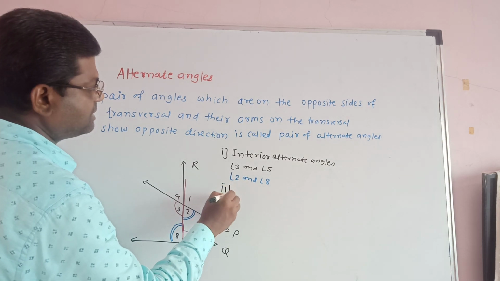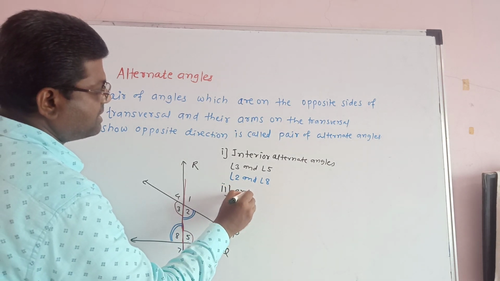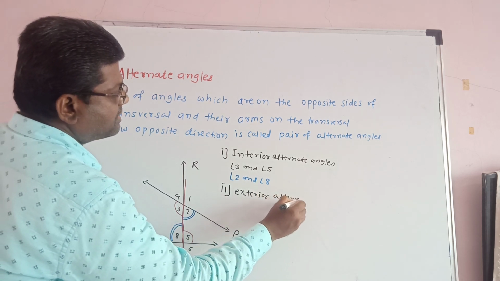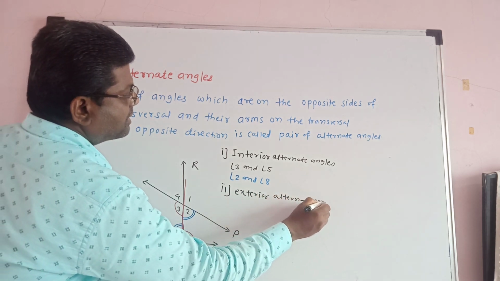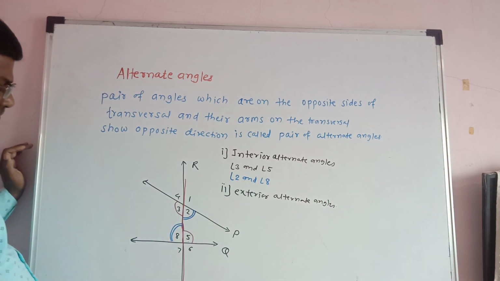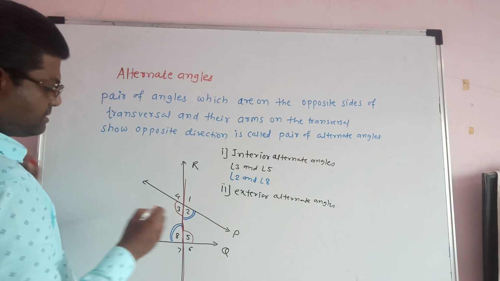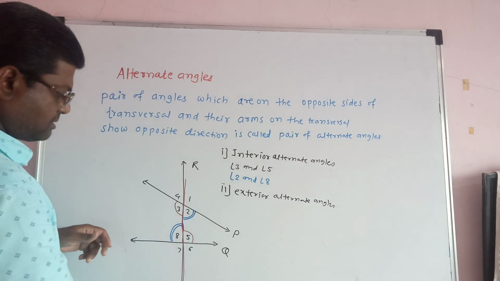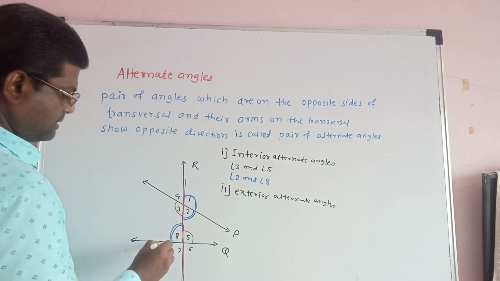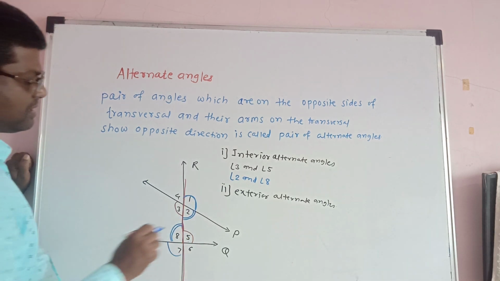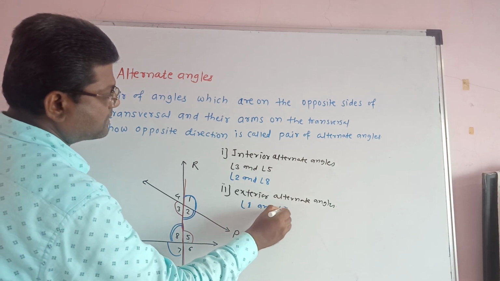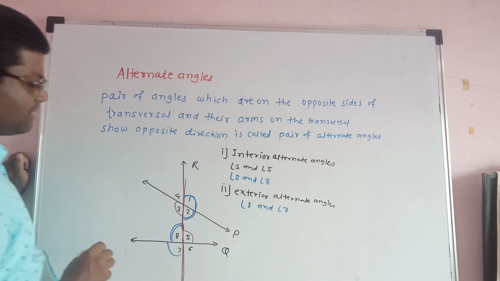And the second is exterior alternate angles. This angle 1 and this angle 7 are called exterior alternate angles.